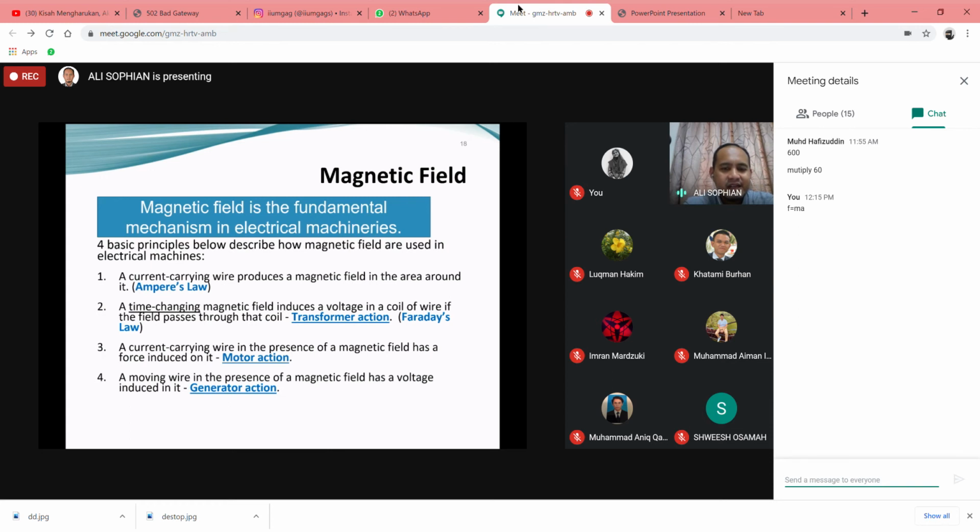We'll go through this in more detail later on. The second one: a time-changing magnetic field induces a voltage in a coil of wire if the field passes through that coil.